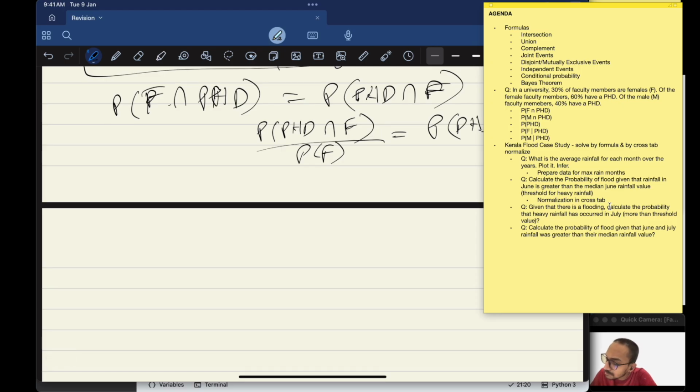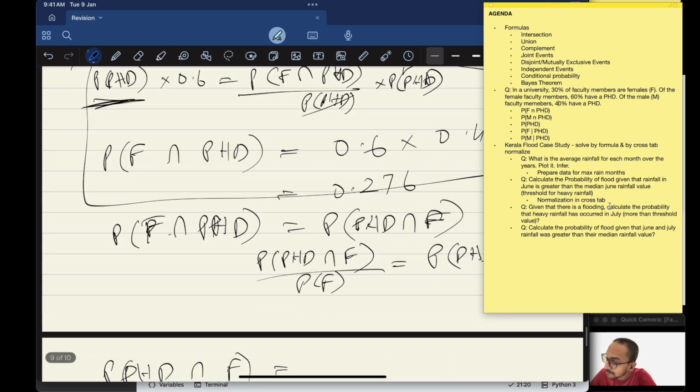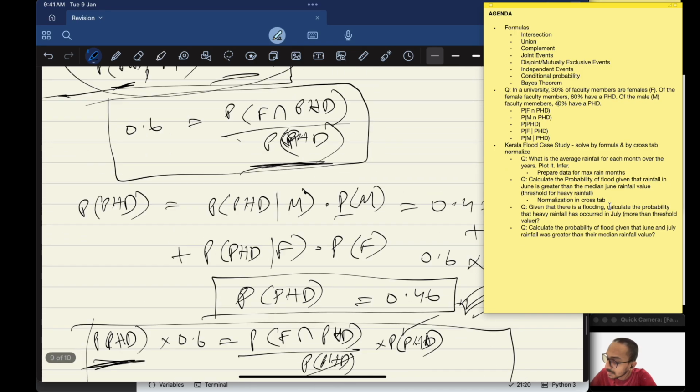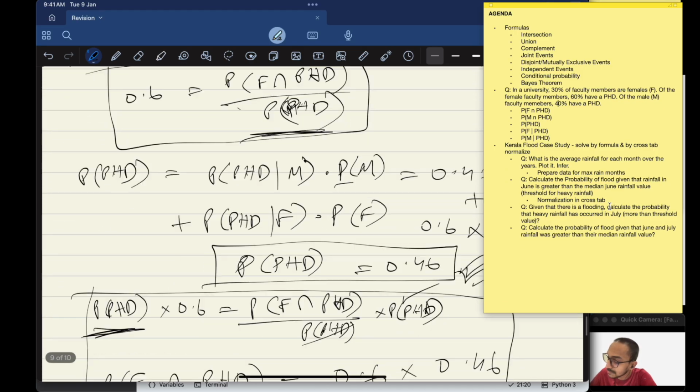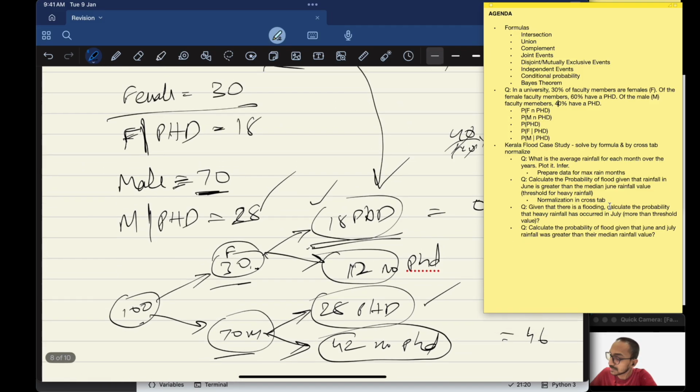So P of PhD given female is 0.6 times P of female, which is 0.3. That is 0.18. That's exactly what it is here as well.